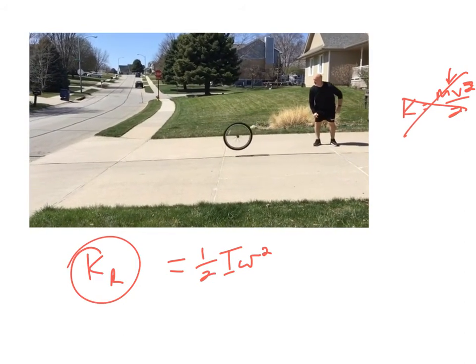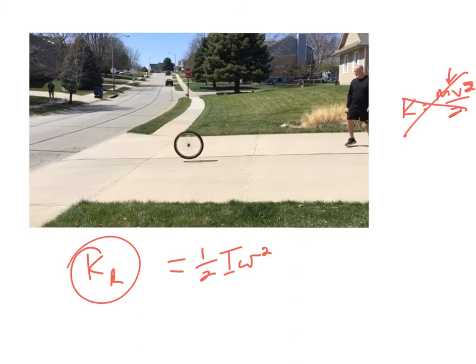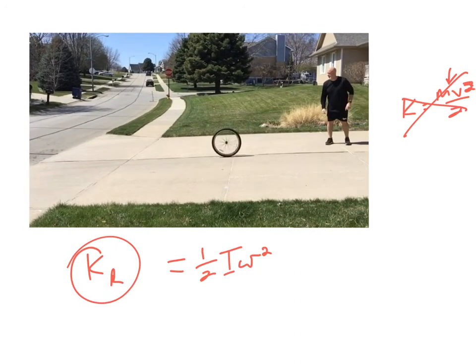I want you to notice at this moment right here what's going on. If we break this down, we see that it is spinning like so. So it still has rotational kinetic energy. But at the same time, the center of mass of that wheel is moving in a straight line.